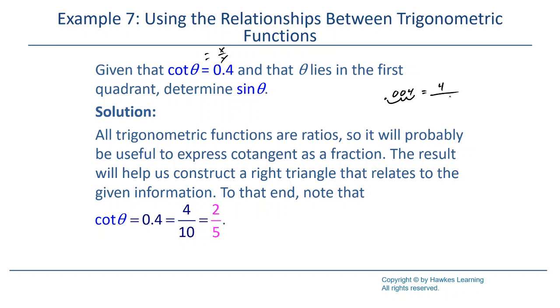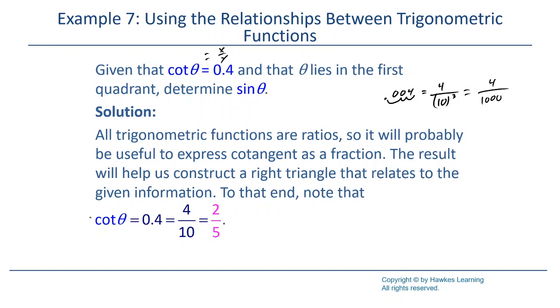This is equal to 4 over 10 to the third, so this is 4 over 1,000. And so fortunately, 4 over 10 reduces down to 2 over 5.